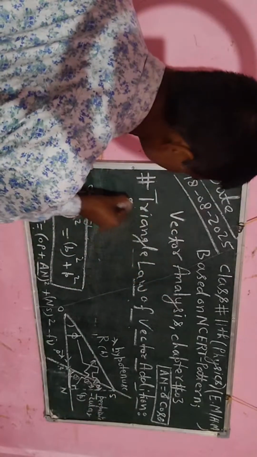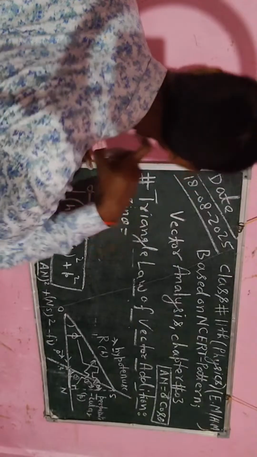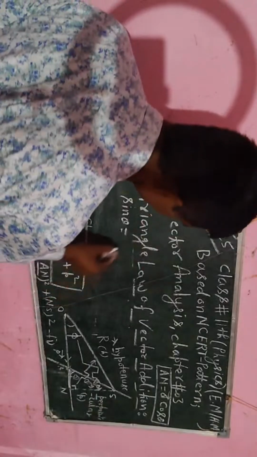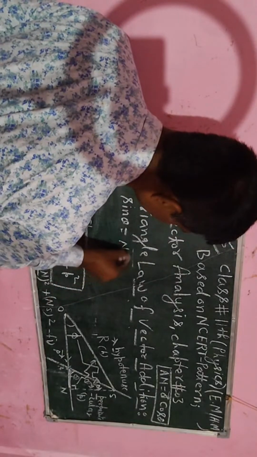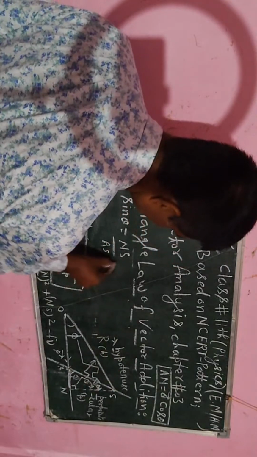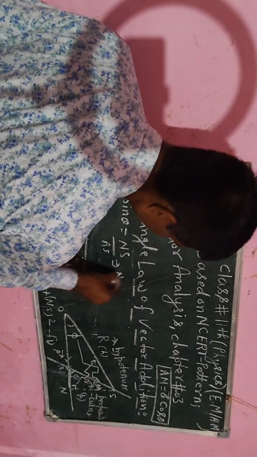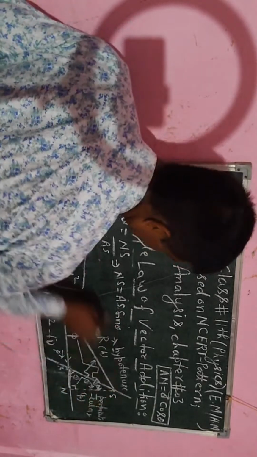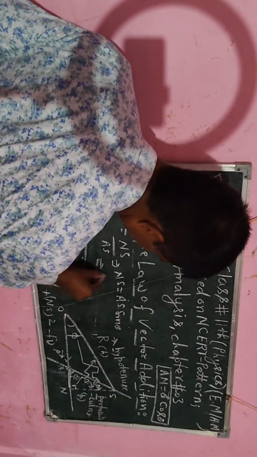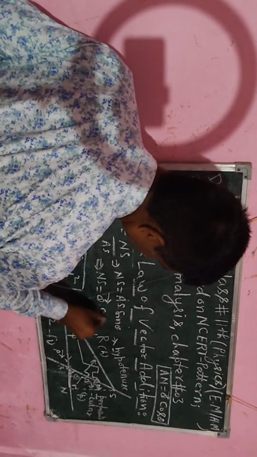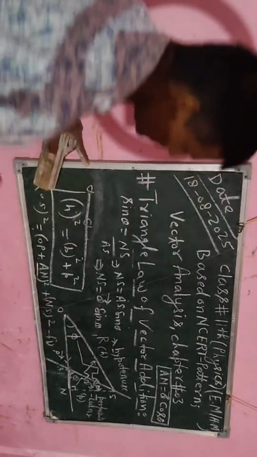Here I will use sin theta in the same triangle, triangle ANS. So sin theta is equal to perpendicular, NS, divided by hypotenuse AS. So I can also write NS equal to AS into sin theta. The value of AS is vector Q, so NS is equal to vector Q into sin theta. So this value I have written.